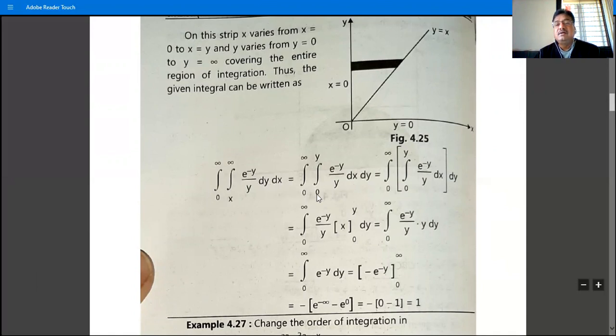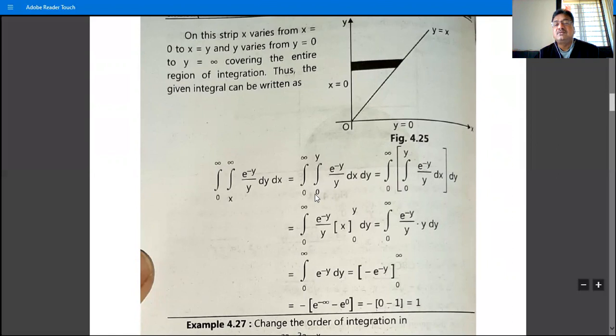Now we have to write the limit of x first. So in order to integrate with respect to x first, take a strip parallel to the x axis. Then one end of this strip touches the line x is equal to 0, so x is equal to 0 is the lower limit. And the other end touches the line y is equal to x, meaning x is equal to y is the upper limit.